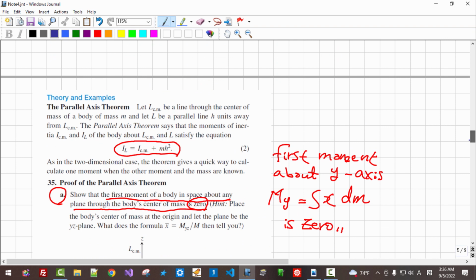We proved this relation called the parallel axis theorem. Good job.